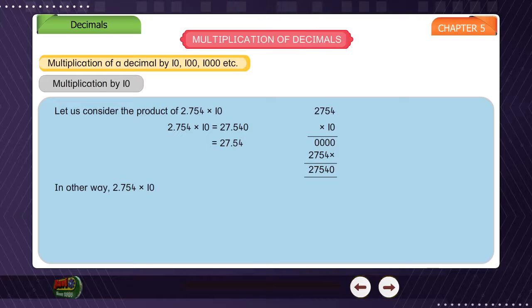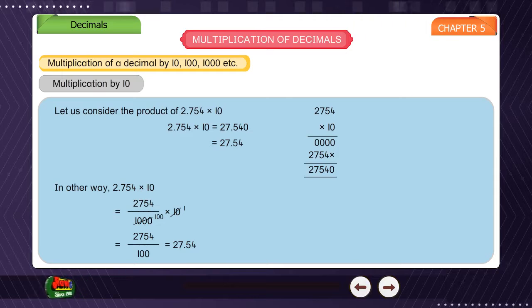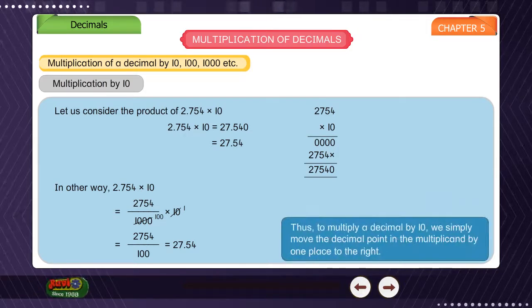In other way, 2.754 into 10 is equal to 2754 by 1000 into 10 is equal to 2754 by 100 is equal to 27.54. Thus, to multiply a decimal by 10, we simply move the decimal point in the multiplicand by one place to the right.